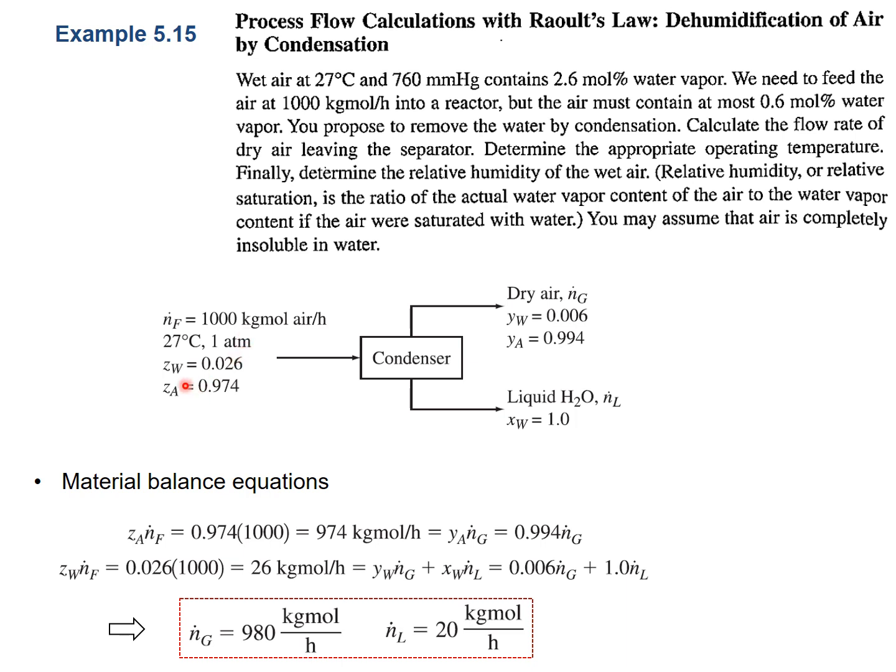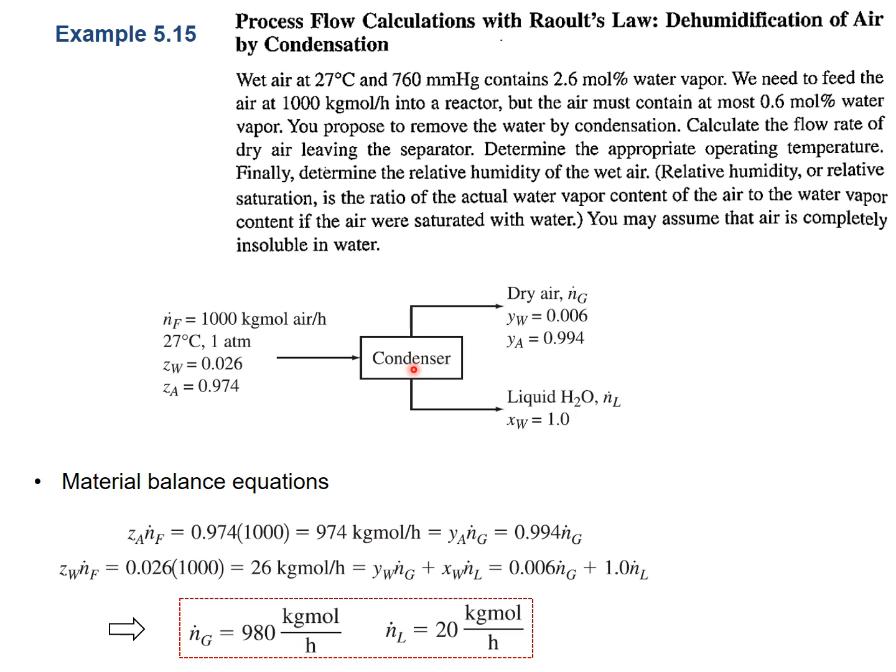The mole fraction of water in this air is 2.6% or 0.026. The rest is of course air. This stream is introduced into the condenser, and finally we have two streams.